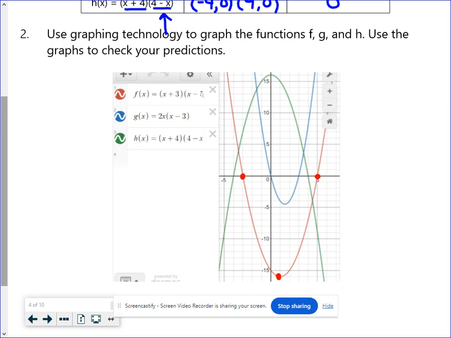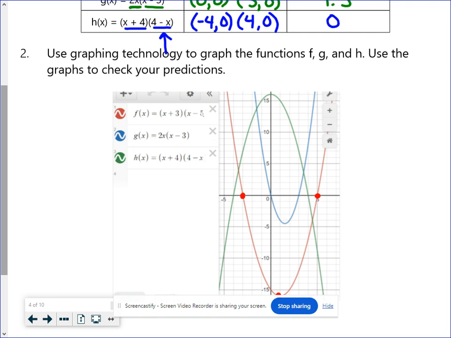Now, for that h function, this is what I wanted to point out to you. Take a look at what this graph looks like. That green parabola is upside down compared to the other ones. It's because that subtraction with the x is what's going to flip that one upside down. But it's crossing at -4 and at +4.